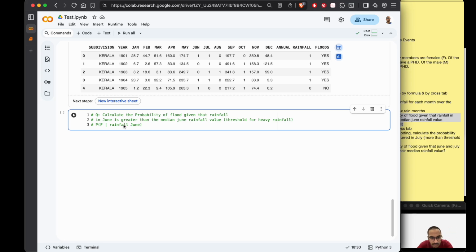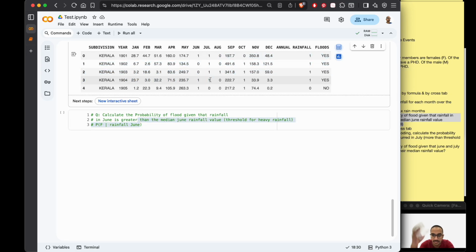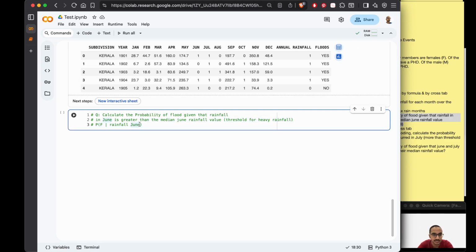So, what is it saying? Given that June rainfall is greater than the median rainfall value, we'll have to get all the ones here, all the values that are greater than the median. So, June equal to 1.